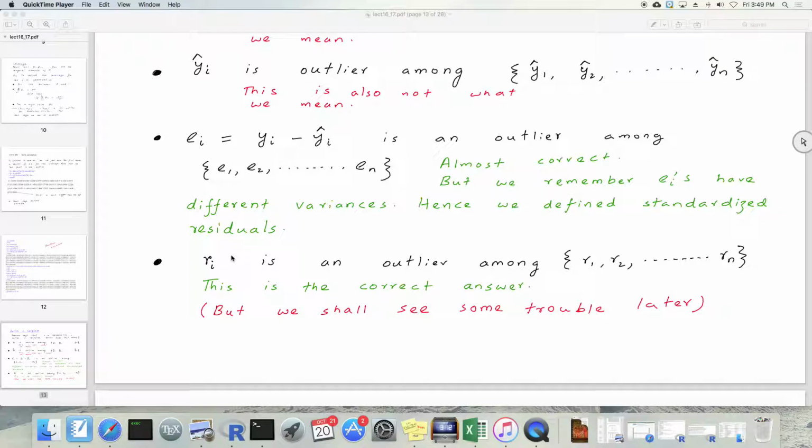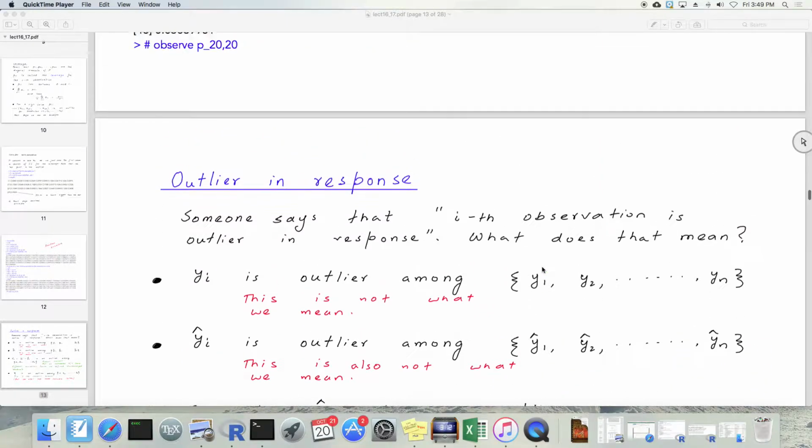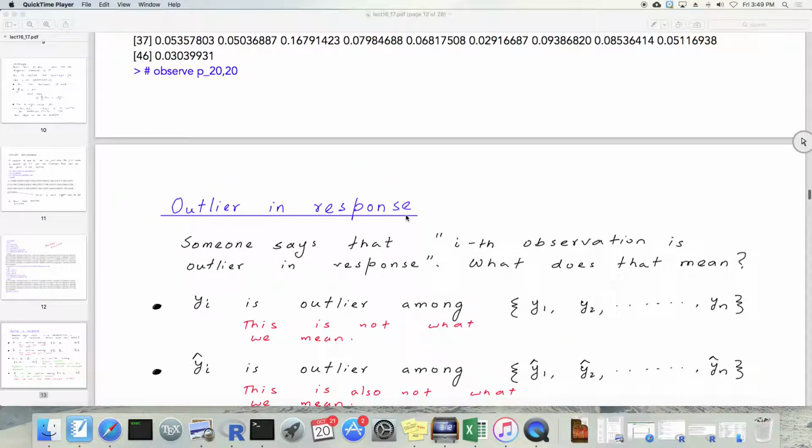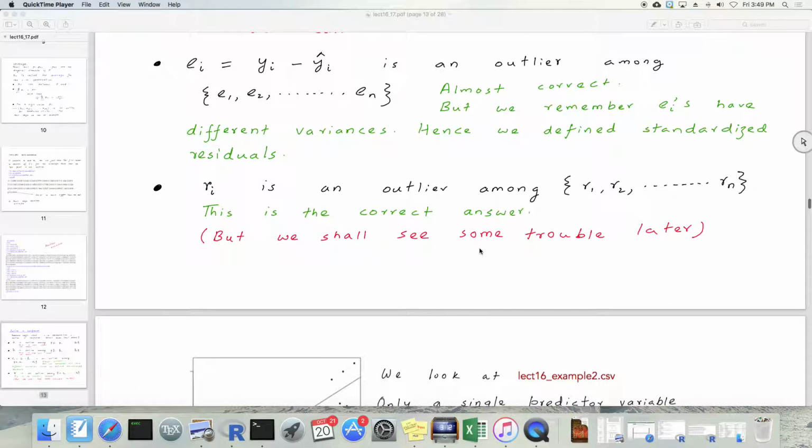Now we kind of have the final answer: if ri is big, like big positive or big negative, then that's what we're looking for, an outlier in response. But later we shall see there is also trouble with that.